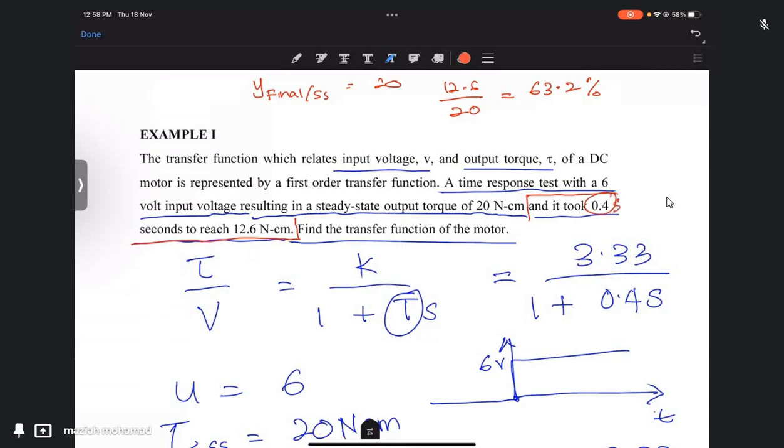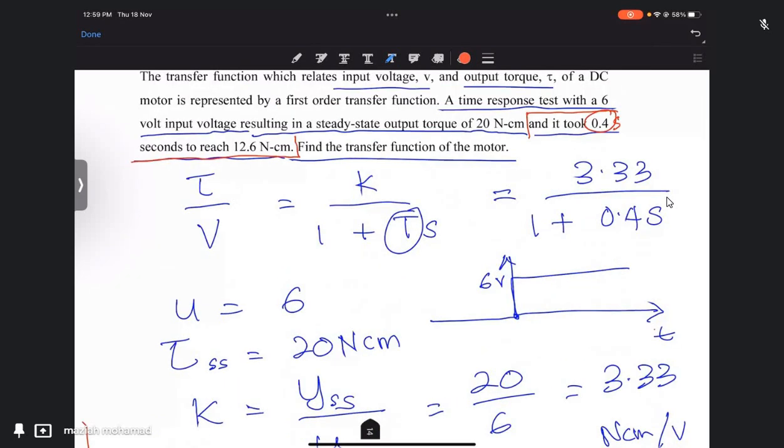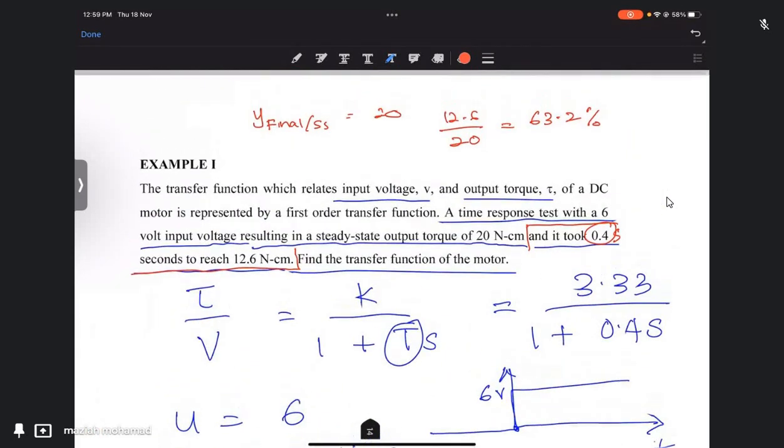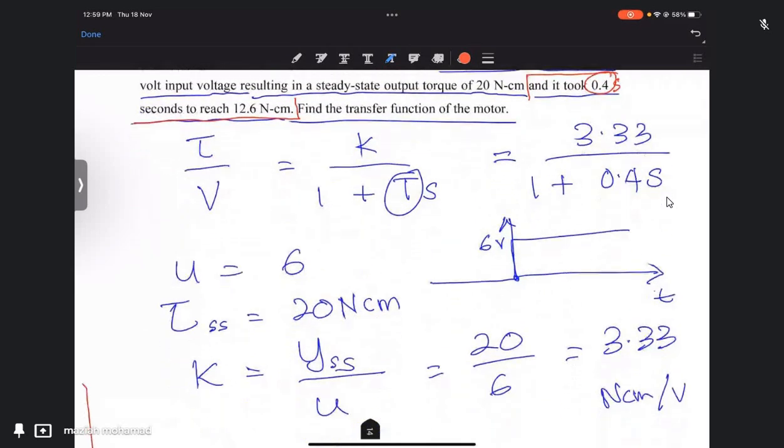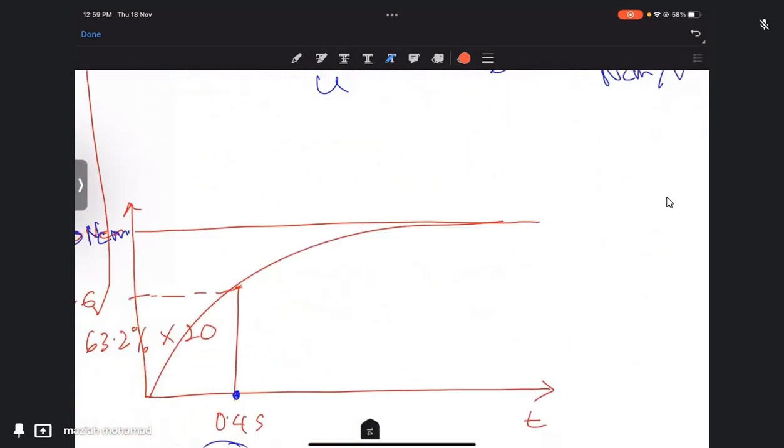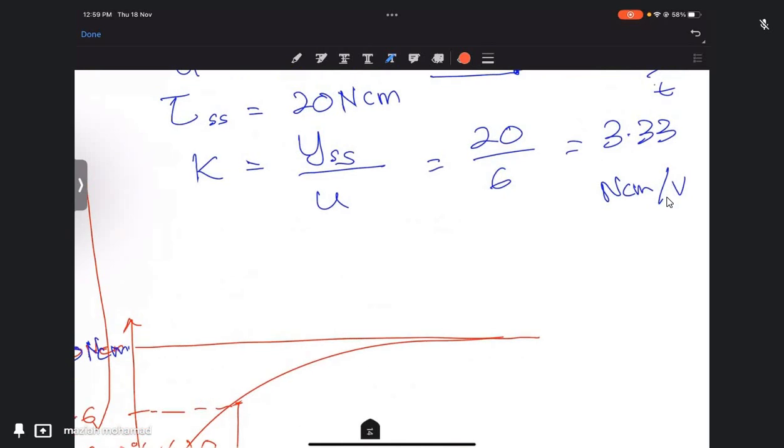So 0.4 second is our time constant. Okay, faham doktor. But in this example, it gives you straight away the answer.